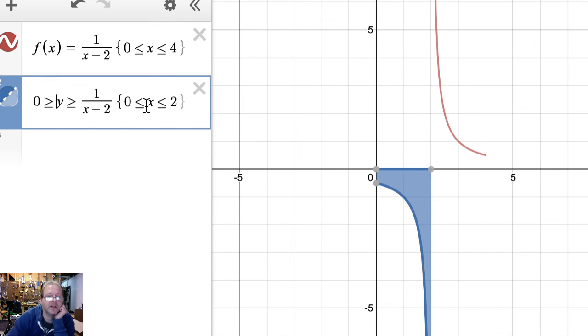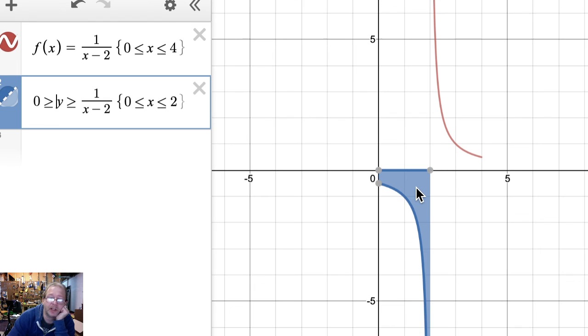Basically, that's the area that we found when we did the integral from 0 to 2. We found that area, and that area came up as negative infinity. Negative because it's below the axis, and infinity because it's an infinitely large region. So that's enough to tell us this thing diverges.